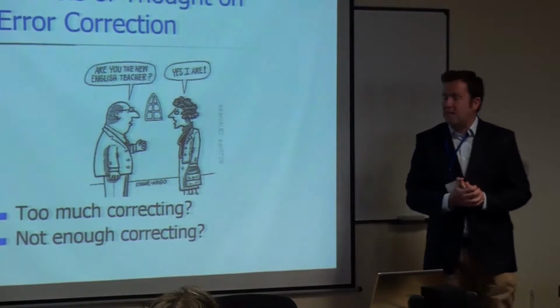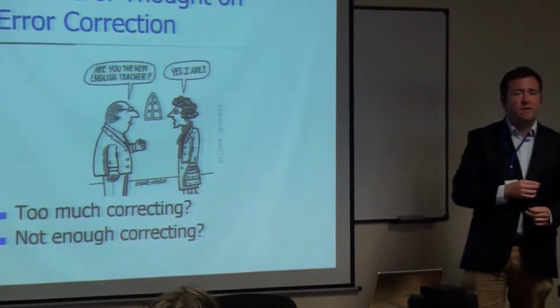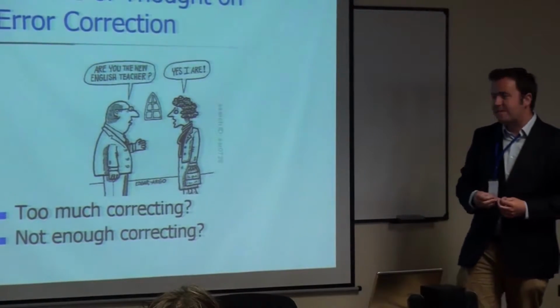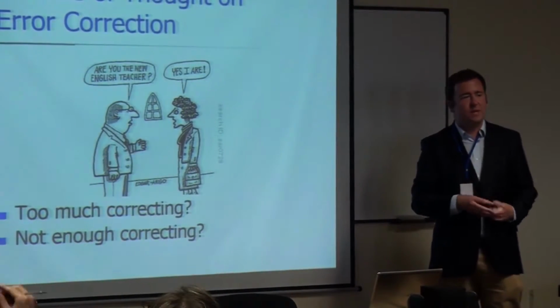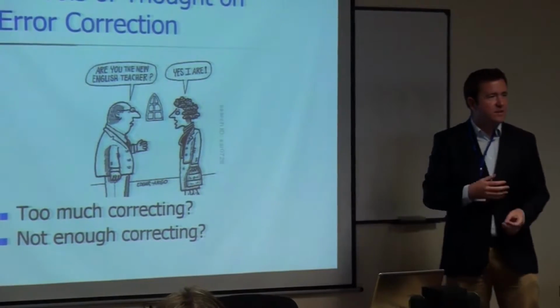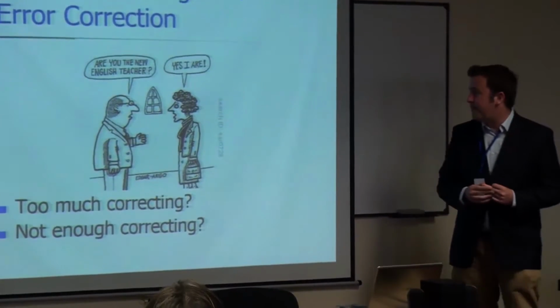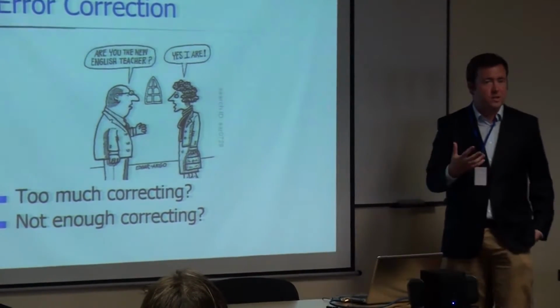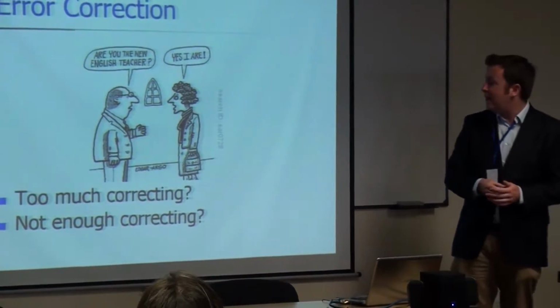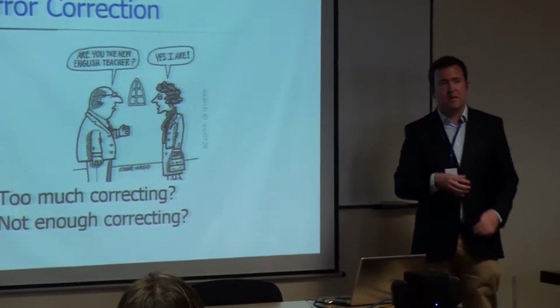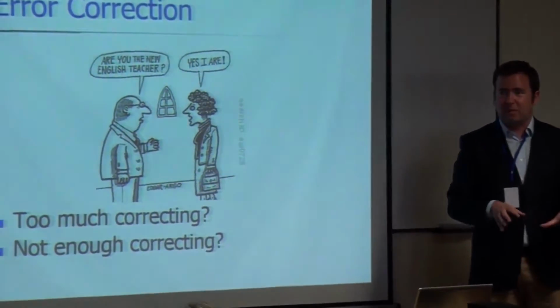Okay, so there are different schools of thought on error correction. Sometimes there's a danger that we can overcorrect, and there are of course risks attached with this. This could harm the students' confidence. There could be different personality types within the classroom.